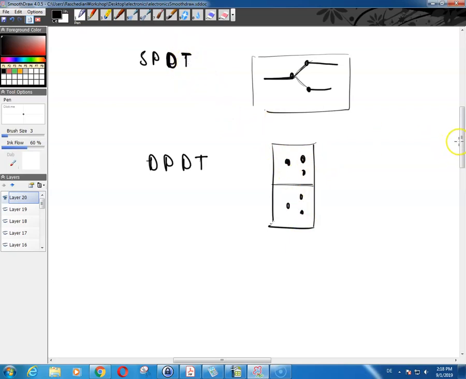Now if you had, for example, a single pole single throw switch, your switch would look like this, meaning that you would have only these 2 contacts for a switch.